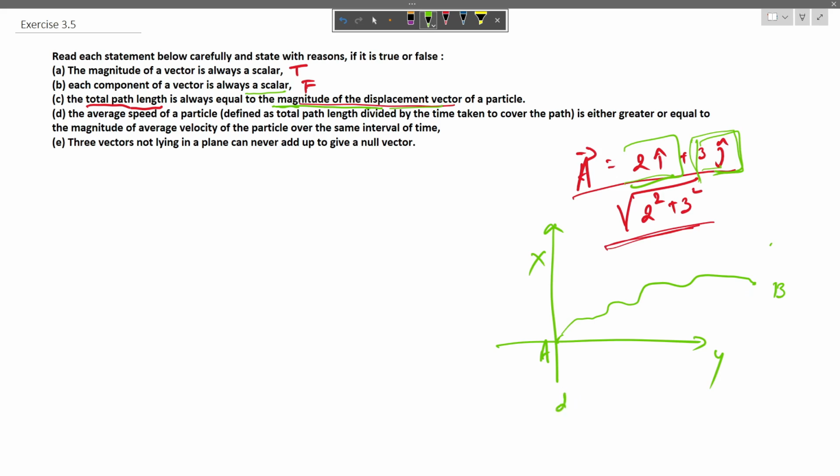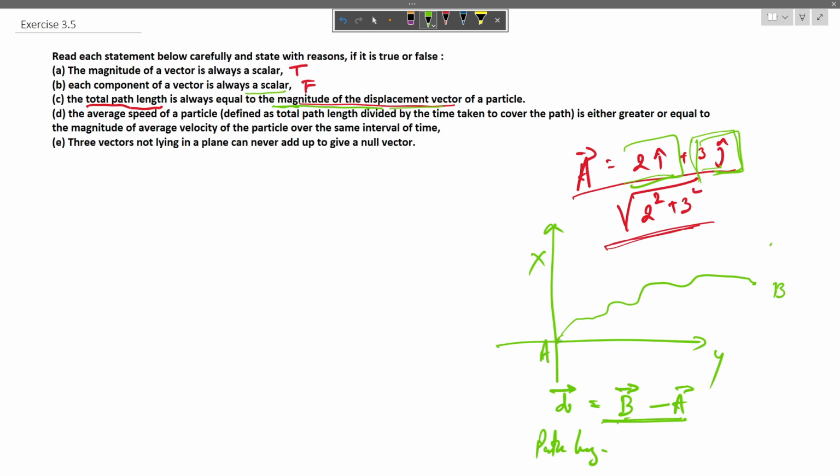So the displacement vector would be vector B minus vector A, assuming B is the position vector of the particle at point B and A is the position vector at point A. The path length is the total length of the path that the body travels in the trajectory from position A to B.